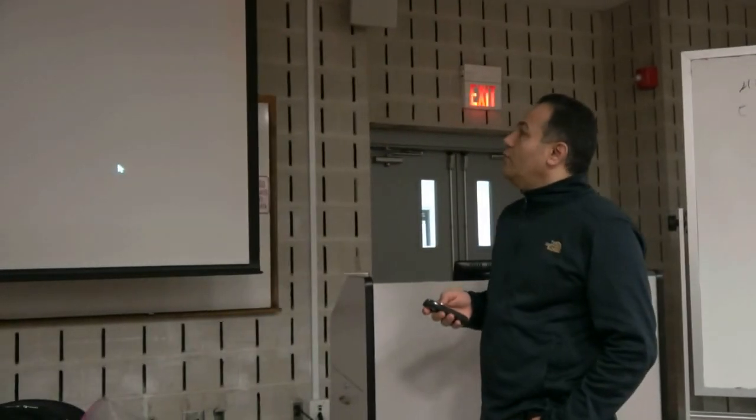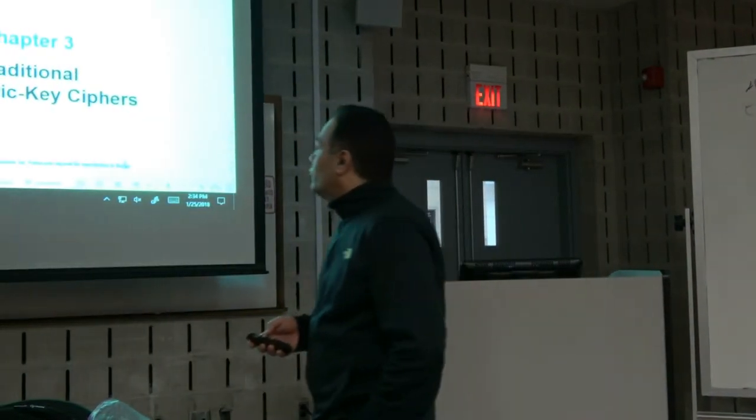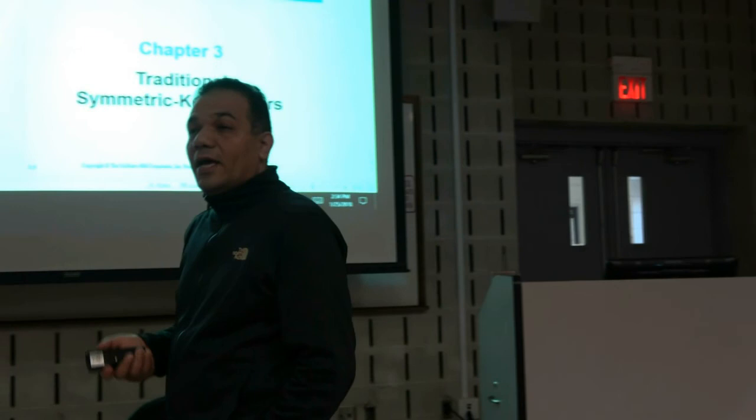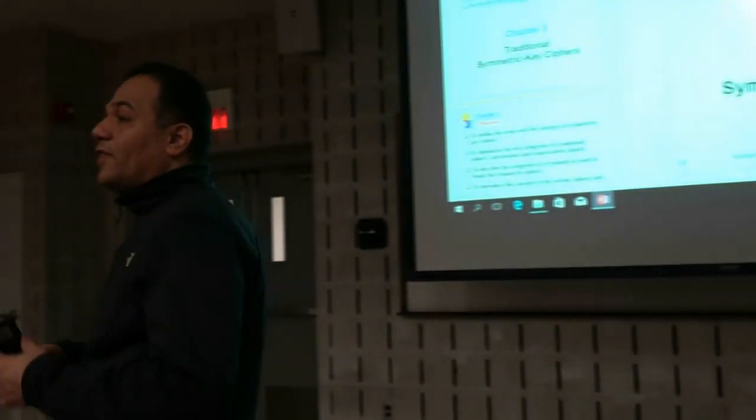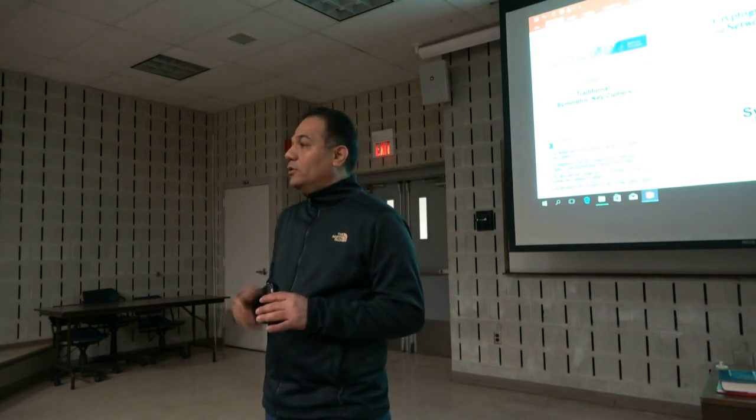Alright, so what have we learned in this class? We learned about the traditional symmetric key, where we have to use a key. Okay, we learned at the beginning about cryptanalysis. What is cryptanalysis? The job of a cryptanalyst is to try to break the encryption. Then we said that there are two general techniques for encryption. One is substitution.